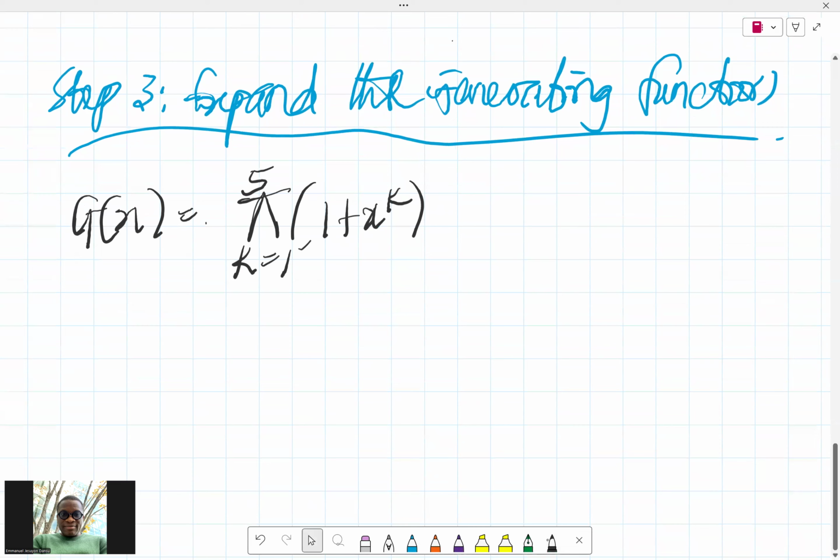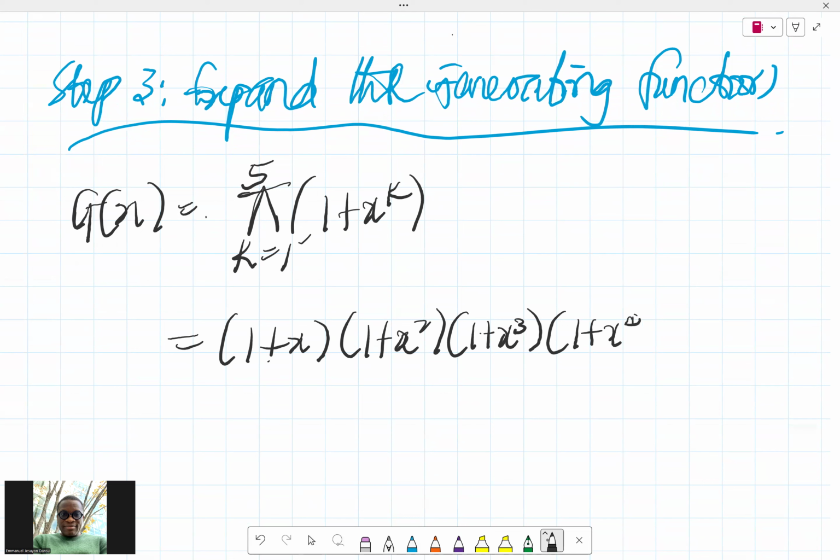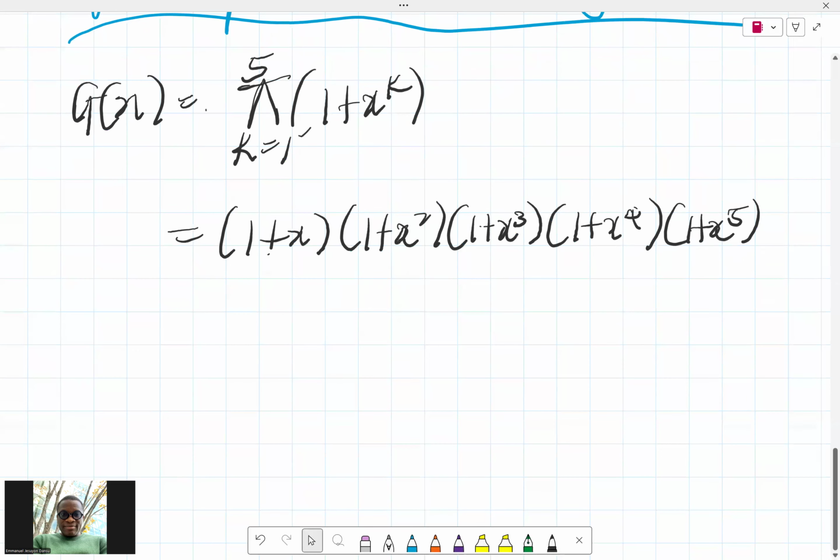That means when k is 1, we have 1 plus x raised to power 1. When k is 2, we have 1 plus x raised to power 2. When k is 3, 1 plus x raised to power 3. When k is 4, 1 plus x raised to power 4. When k is 5, 1 plus x raised to power 5.